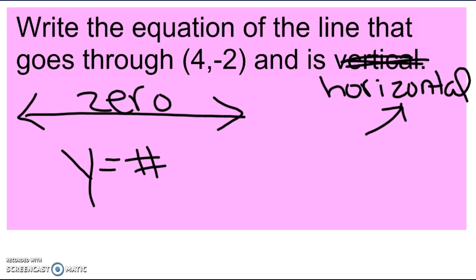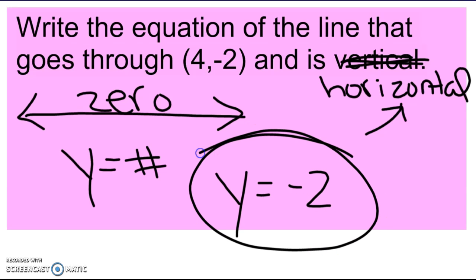This one would be y equals -2. That's your equation. Think about all the points on the line y equals -2. Graph that and see what it looks like. With a horizontal line, all the y values are -2.